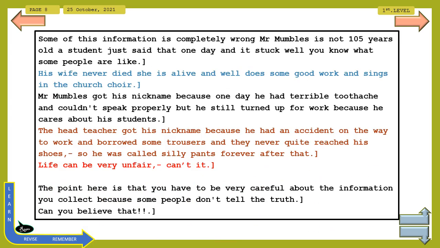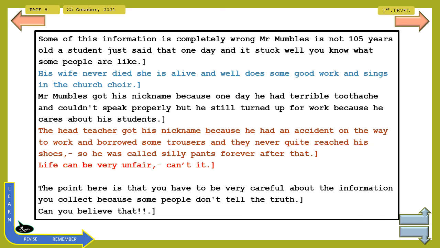Some of this information is completely wrong. Mr. Mumbles is not 105 years old. A student just said that one day and it stuck. Well, you know what some people are like. His wife never died. She is alive and well and does some good work and sings in the church choir.